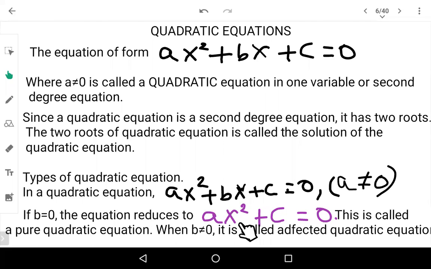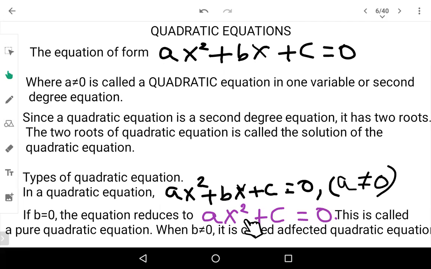If you consider b as 0, then 0 into x will give you 0. So what will be left out? Ax square plus c. This will be left out. So that is the form which you can see here: ax square plus c is equal to 0.